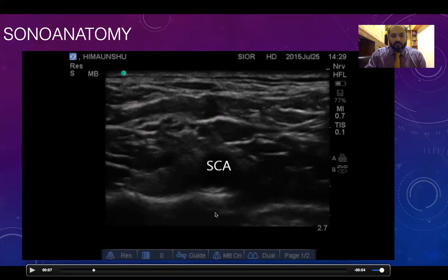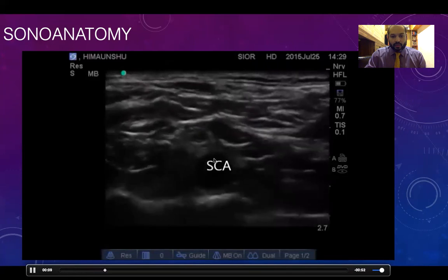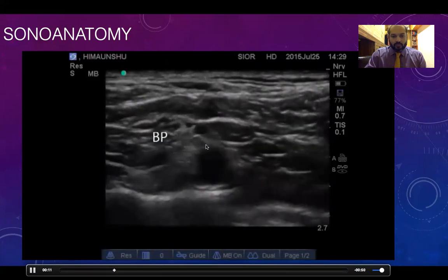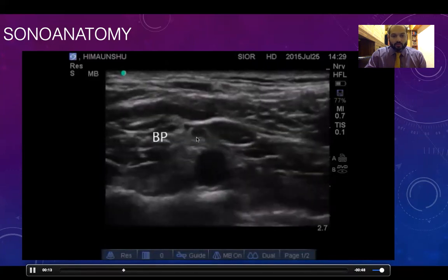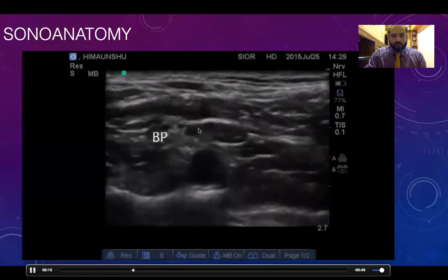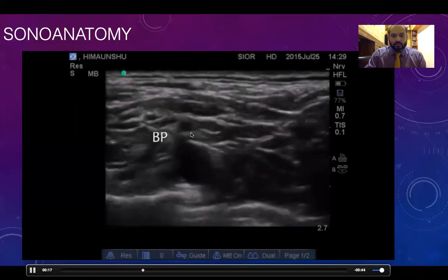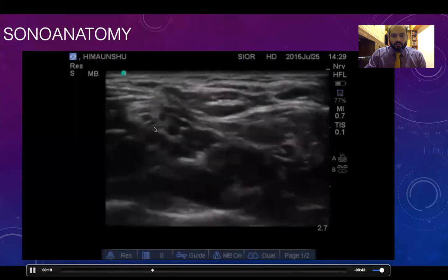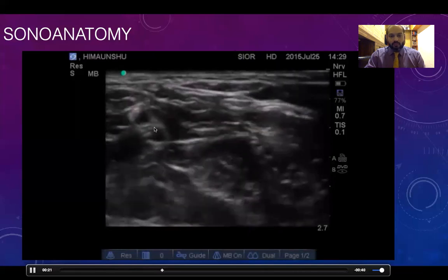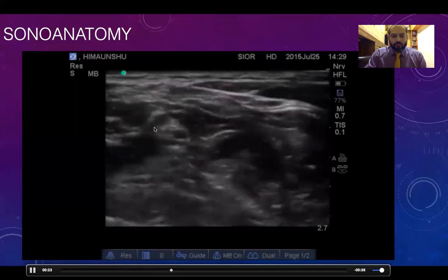Just below the first rib, there is another hyperechoic line which represents the pleura, which moves along with respiration. And on the superolateral aspect of the subclavian artery is the brachial plexus. These are small globular structures which are hypo or anechoic because the connective tissue is less, and they are grouped, seen as a bunch of grapes.